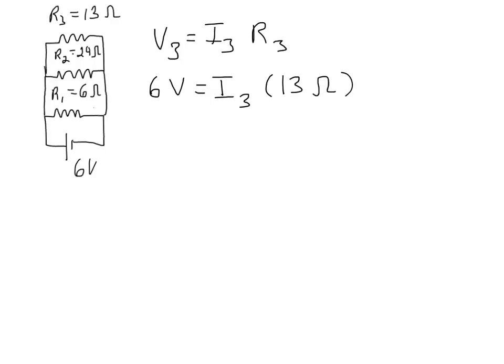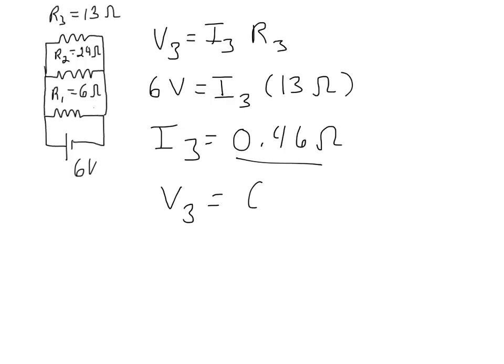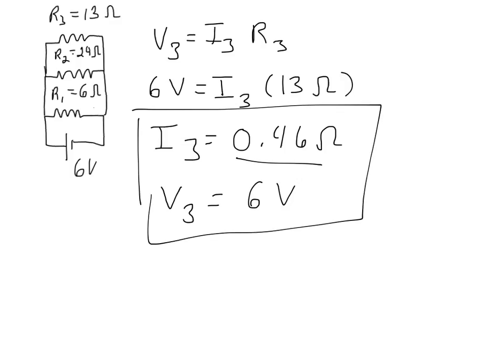We take that, I3 equals 6 volts divided by 13 ohms, and I3 equals 0.46 amps. So that's our current through 3. Like we said before, our voltage through 3 is 6 volts, the total voltage in the circuit. So that would be our answer for problem number 1.